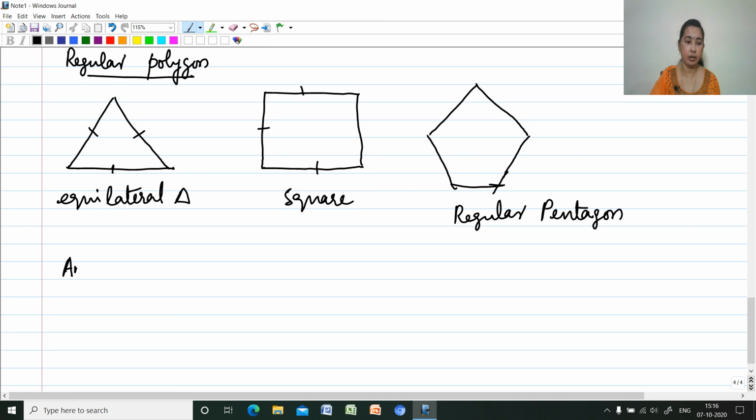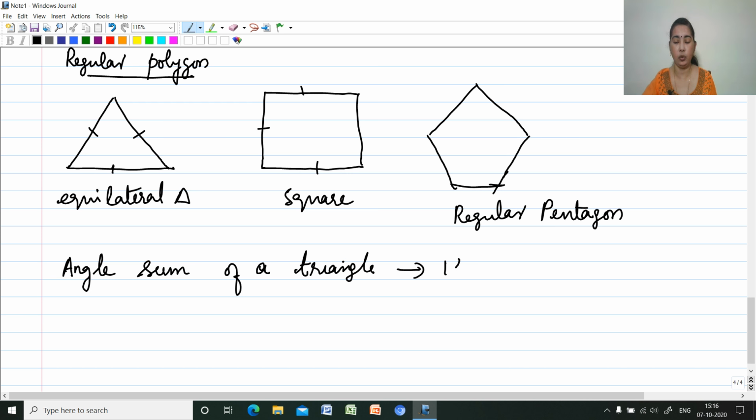Angle sum of an equilateral triangle. Angle sum of a triangle, not only equilateral, any triangle, will be 180 degrees. The total sum of the angles in a triangle, if you add all the three angles together, we will get 180 degrees.